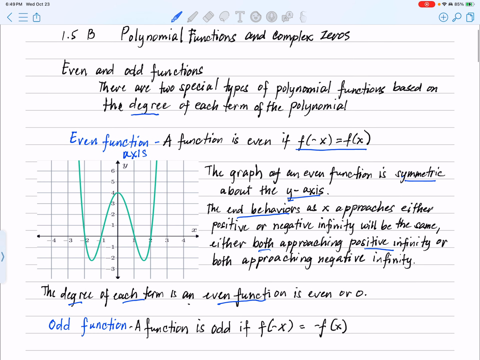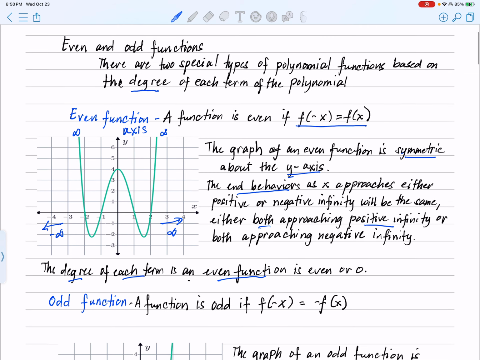As for the end behavior, as x approaches either positive or negative infinity, it will be the same. Either both approaching positive infinity or both approaching negative infinity.